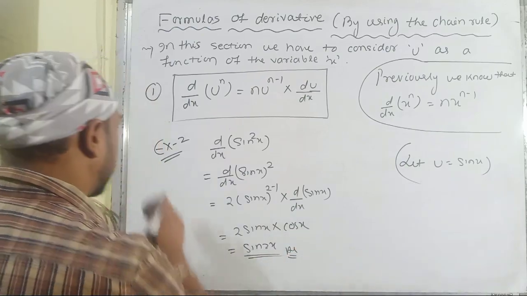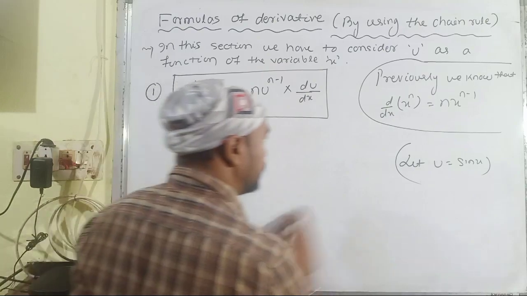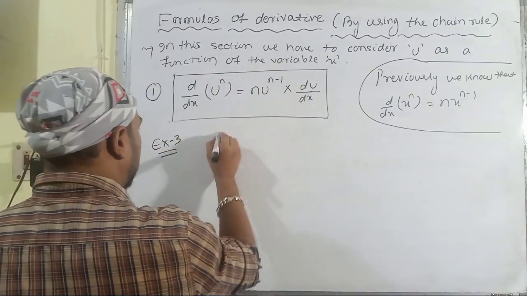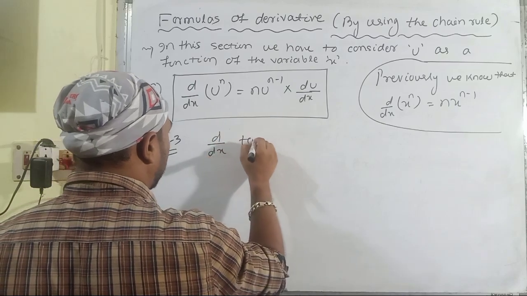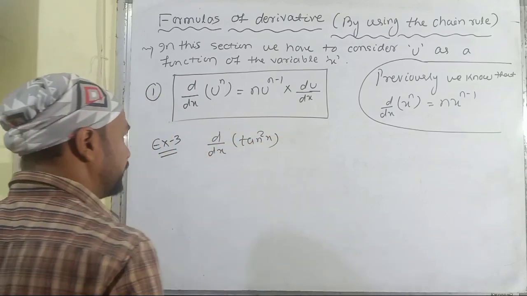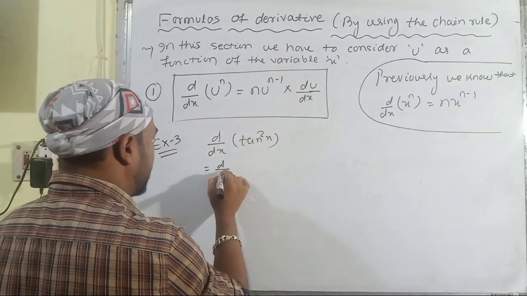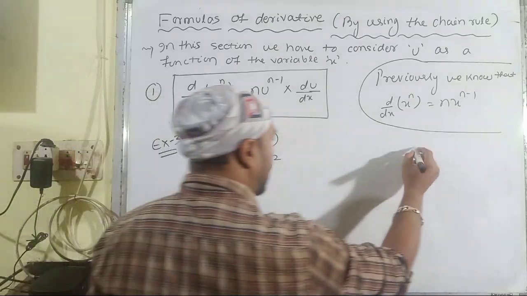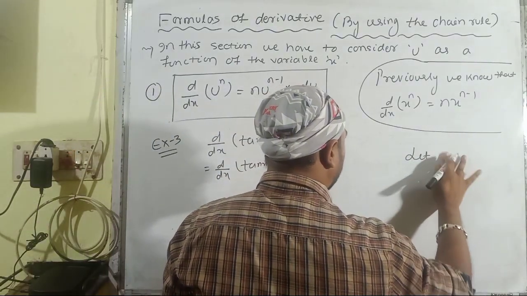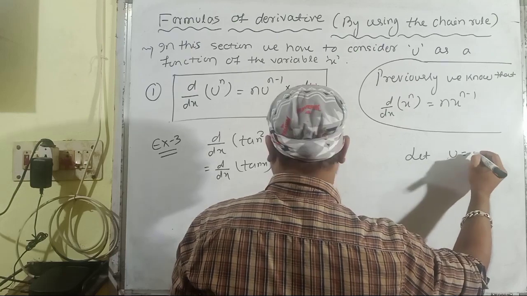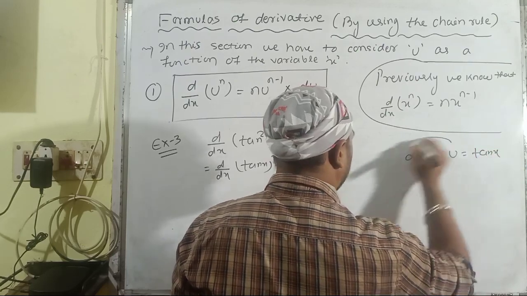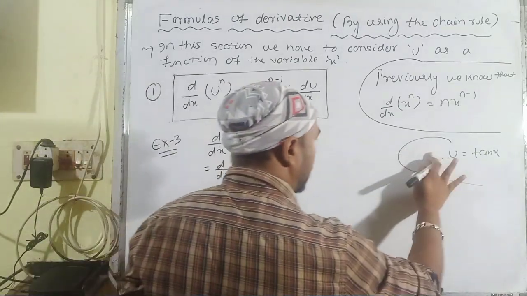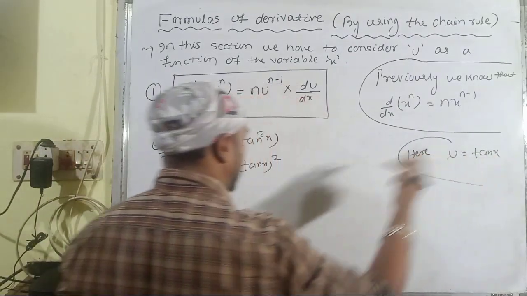Then moving to the next example. Example number 3, differentiation of tan square x. So very easy, differentiation of whole square of tan x, like the previous problem. Let us consider u as tan x. Okay, here u is equal to tan x.